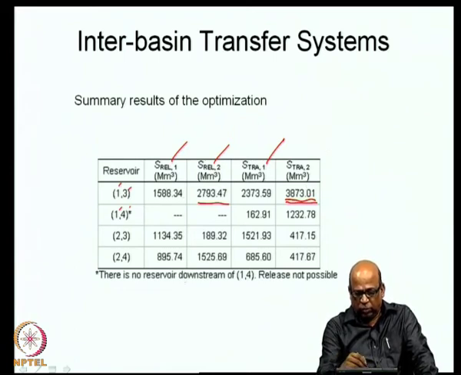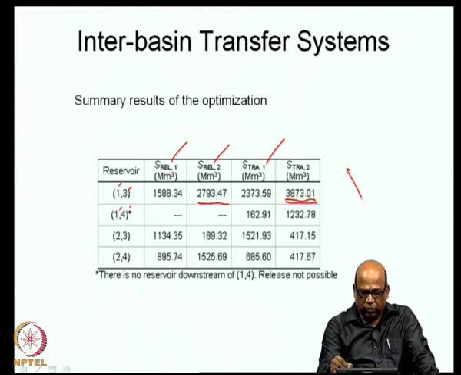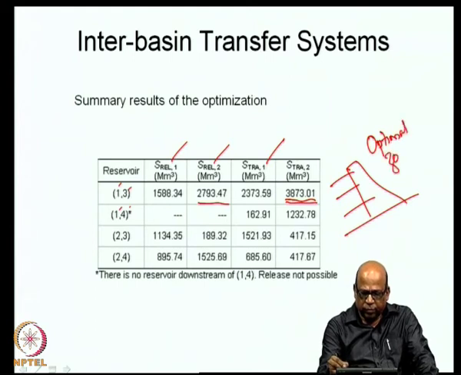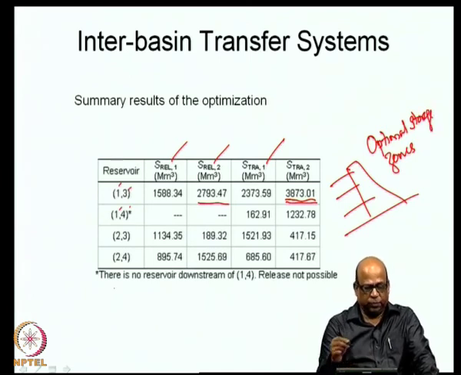So, by doing this optimization, what we have achieved is at each of these reservoirs, we are defining the zones. So, the optimal zones, optimal storage zones is what we get out of this.